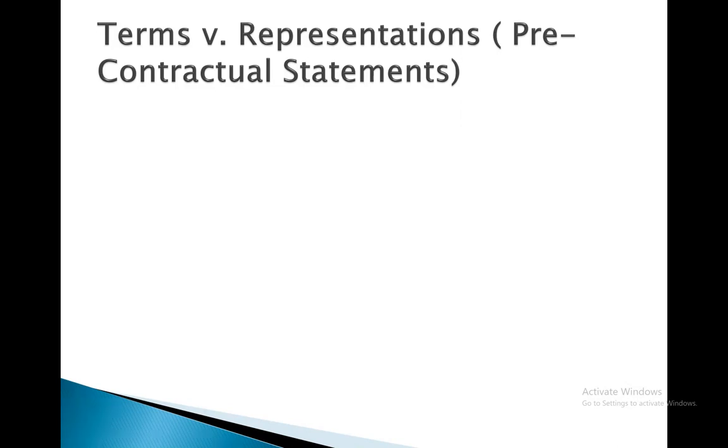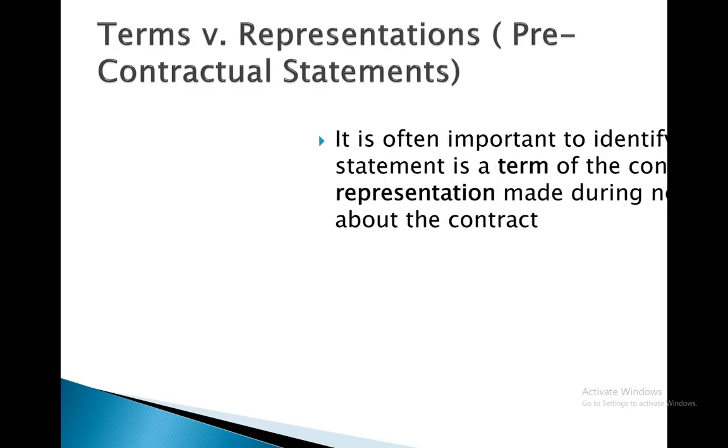So before contracts, various statements are made by the parties to each other. So the question is, how do we determine which of those statements are meant to form parts of the terms of the contract, and which of them are not meant to form part of the contract? So we are moving to a distinction between terms and representation.